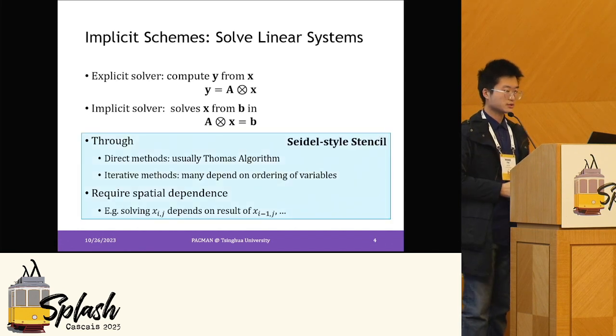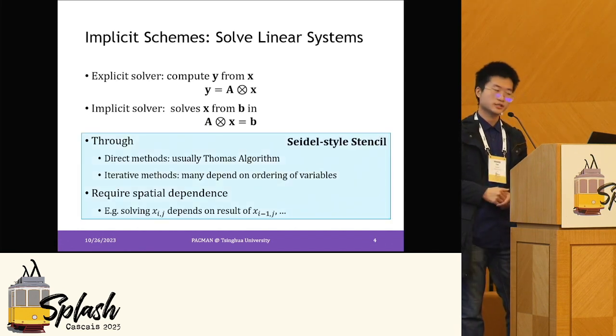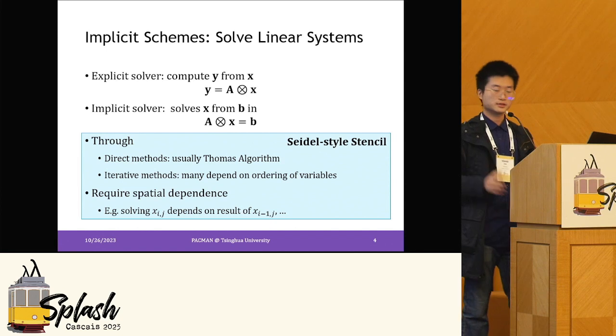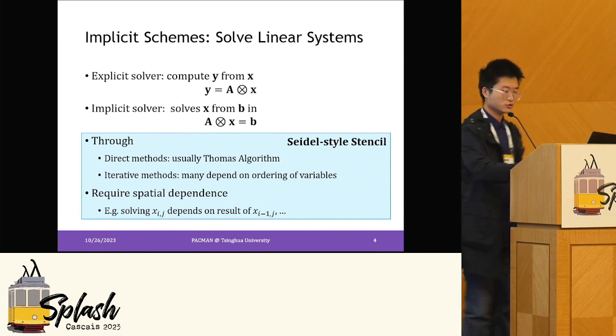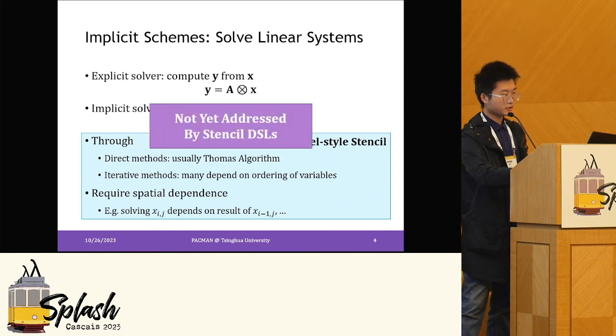So we notice this kind of stencil operation as pseudo-style since it's still stencils given it operates on the neighborhood, but it has the spatial dependencies that reflect the structure of the Gauss-Seidel iterations and more algorithms. But this kind of stencil operation is not yet addressed by existing stencil DSLs.